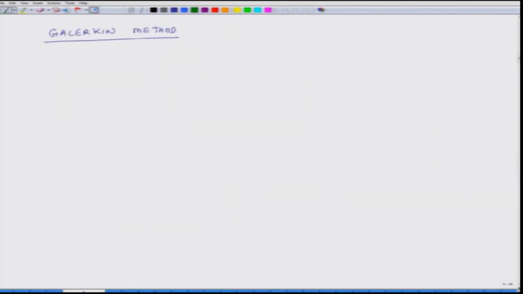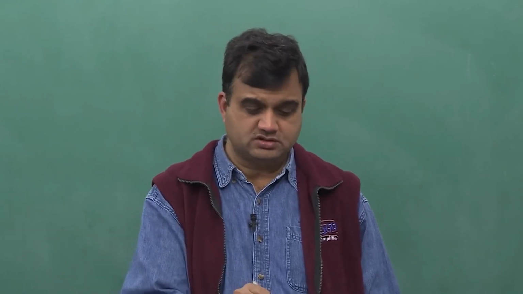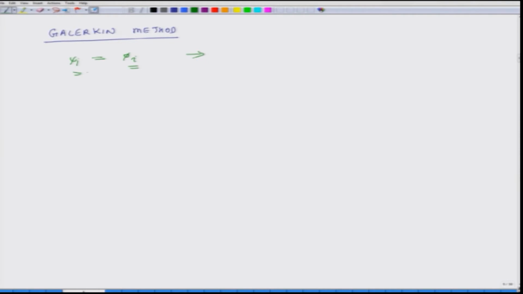Here we say that psi I should be equal to phi I. The good thing about this is that we do not have to guess a new set of functions. If we have figured out functions phi I which meet the natural and essential boundary conditions, we can use the same functions for weight functions.